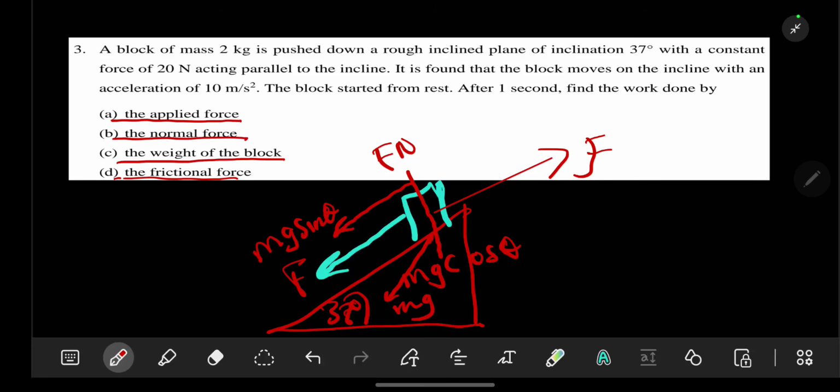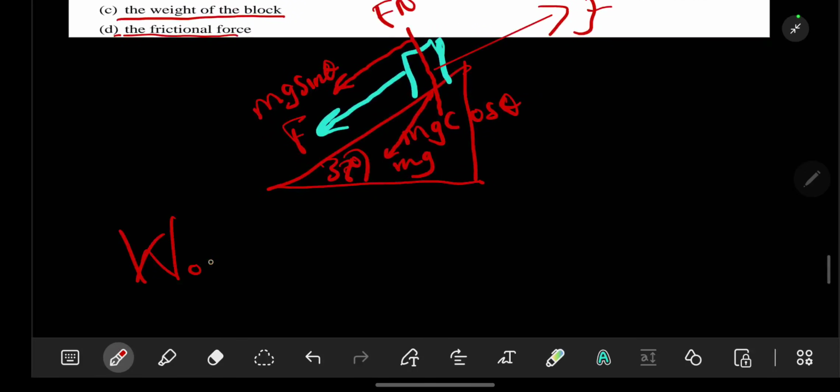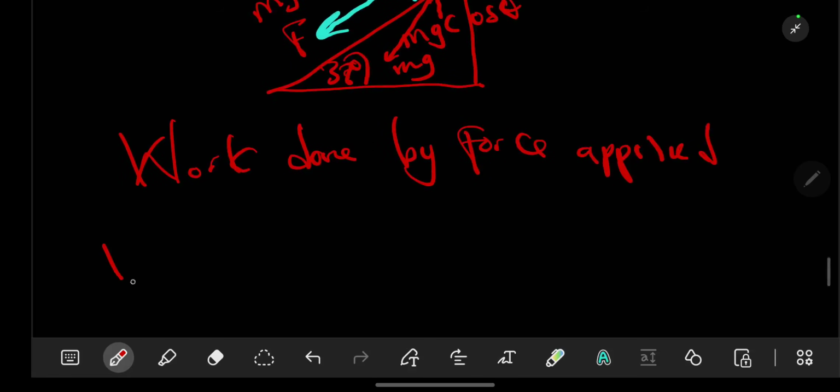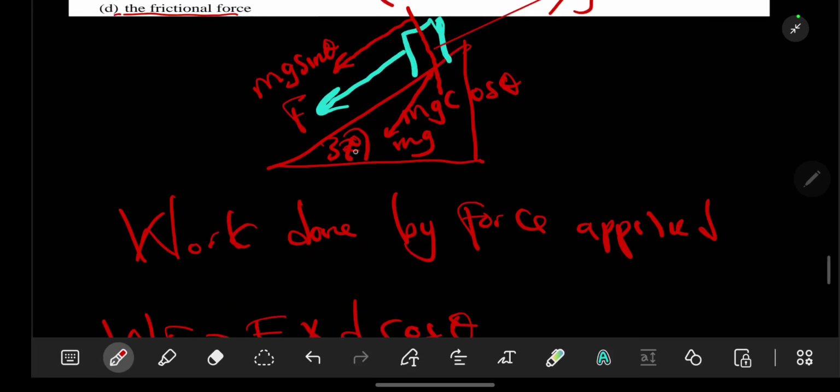After doing all this, the work done by the applied force should be equal to the force times the distance times the cosine of theta. Remember what I said, this cosine of theta is not this one.